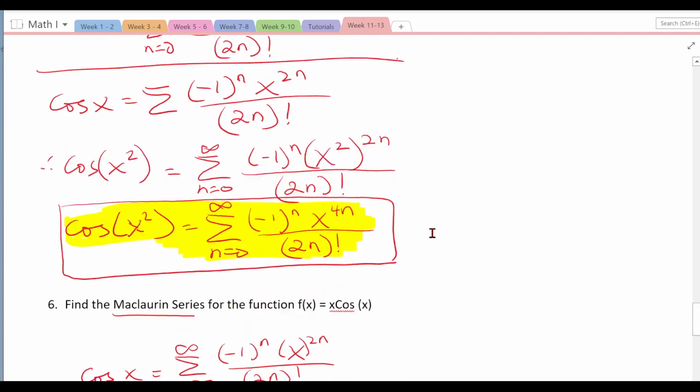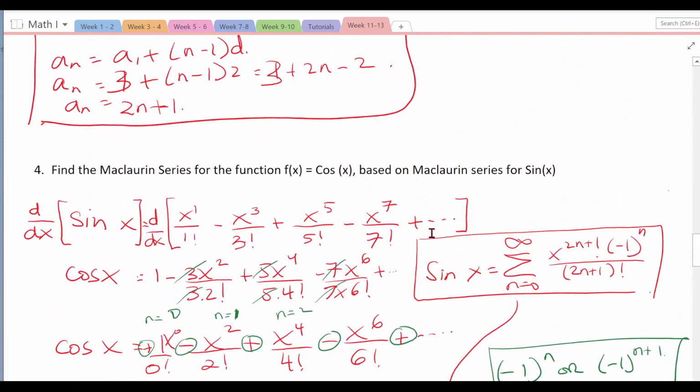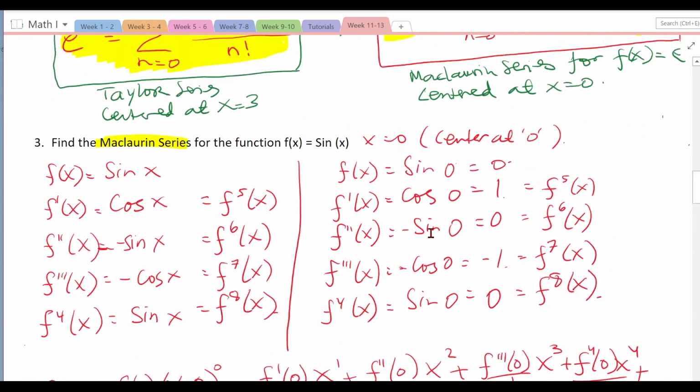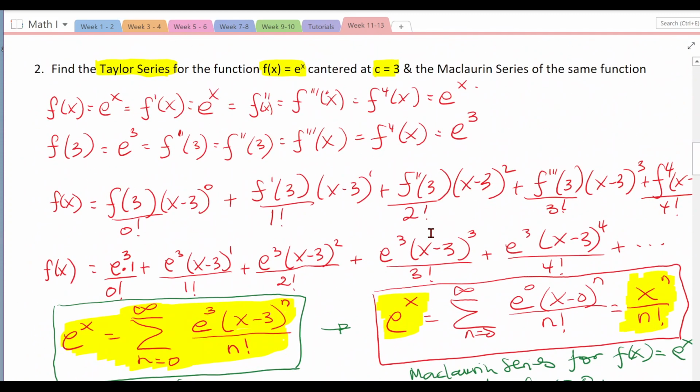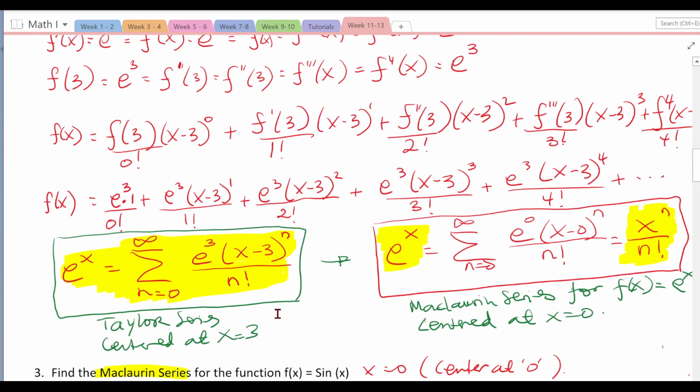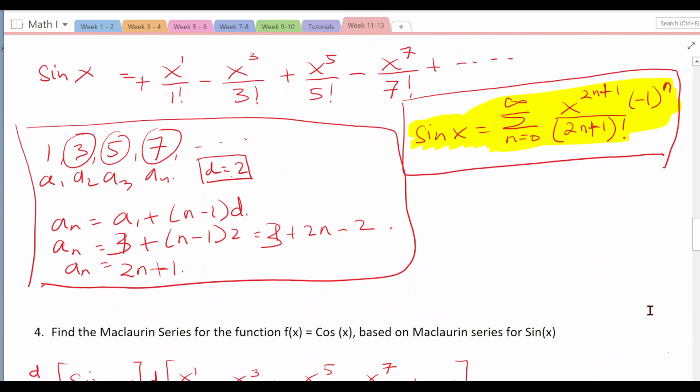I don't know if you remember it from the beginning. E to the x: this is the Maclaurin series, and on the left here is the Taylor series. E to the x is the sum of x to the n divided by n factorial. That's the Maclaurin series for e to the x.